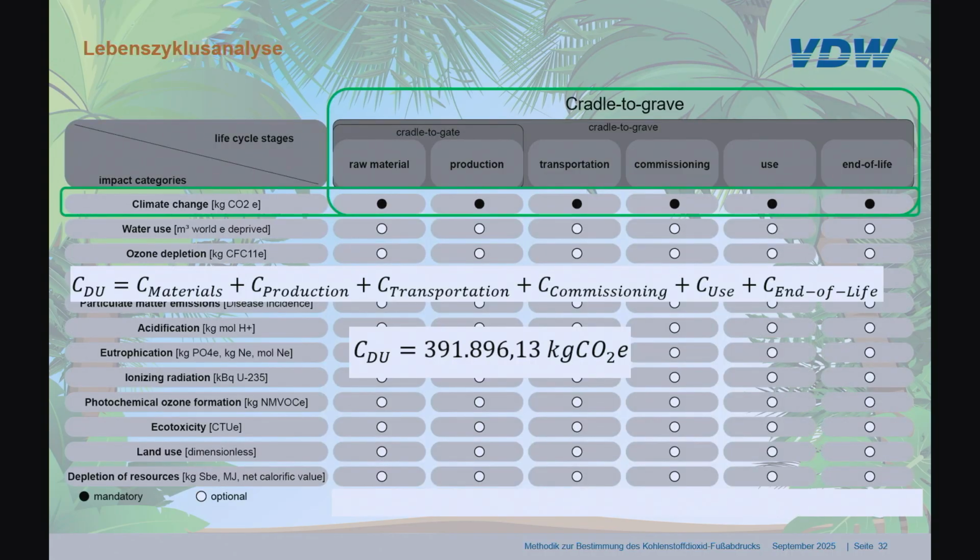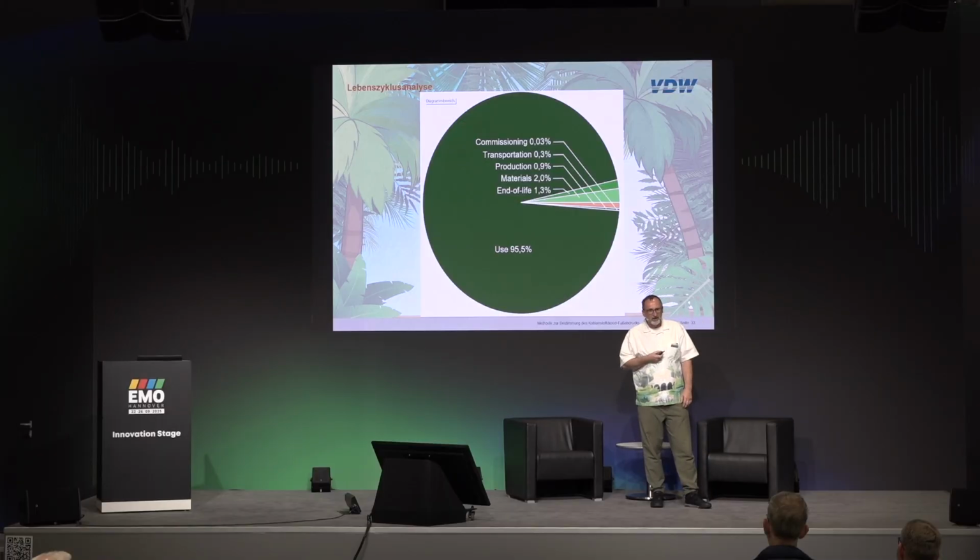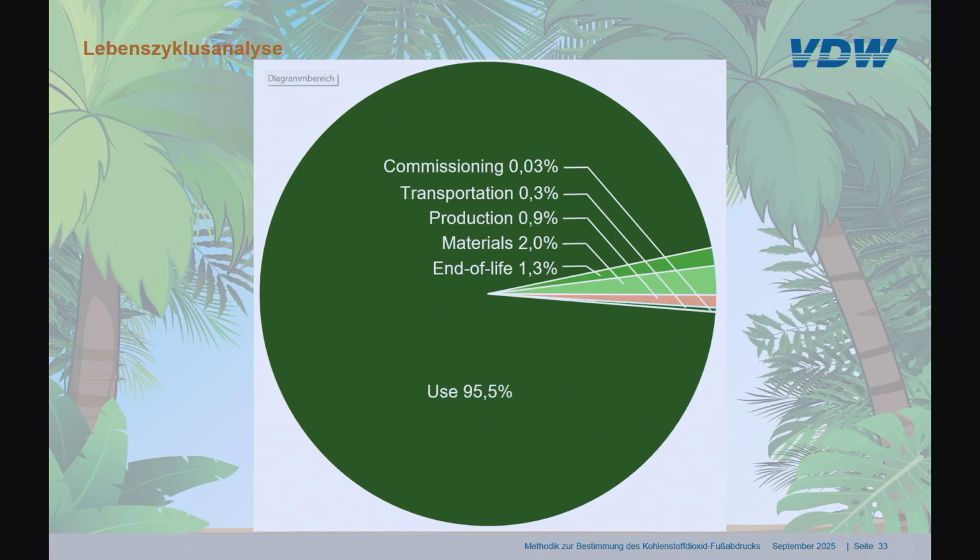And the results look like this. For each and every one of the life cycle phases you've calculated, you've determined the emissions, and if you add that all up, then you have the emissions for the entire life cycle of your product, the machine tool. This chart, I think, is quite impressive. But for experts here, it's not a surprise.